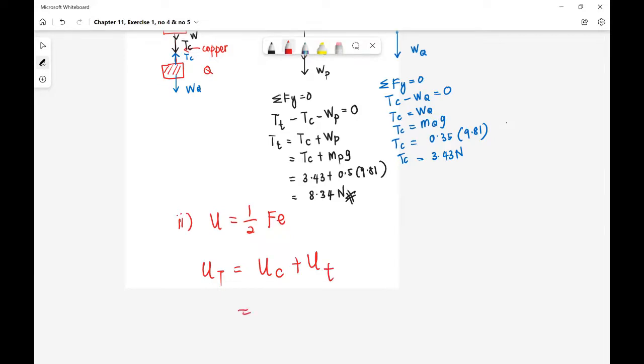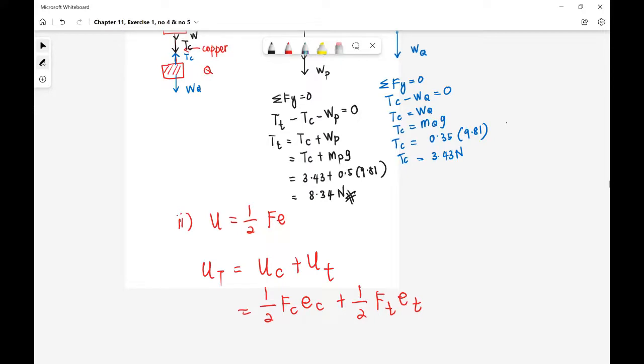Okay, yang mana strain energy untuk copper adalah half times F bagi copper times elongation copper. And then yang ni akan jadi half times force bagi tungsten times elongation bagi tungsten.